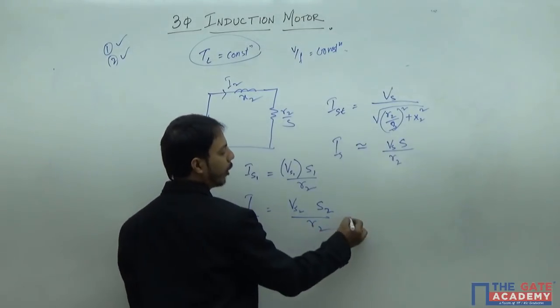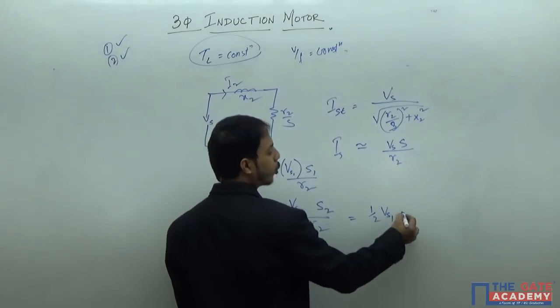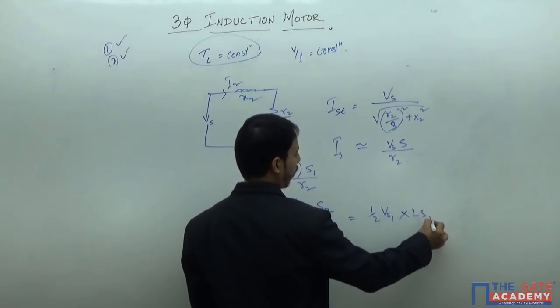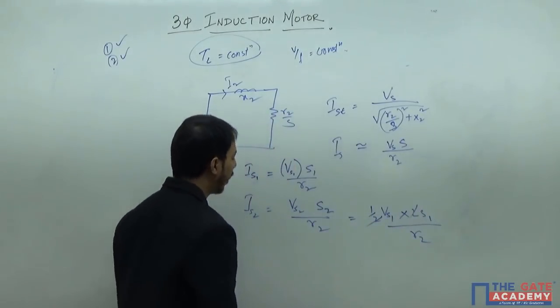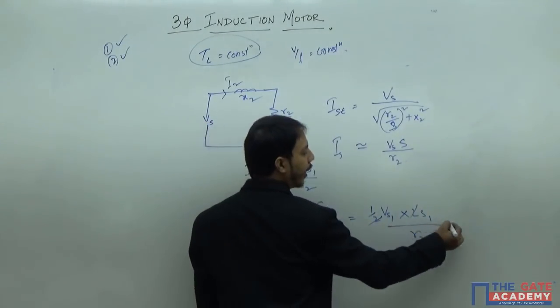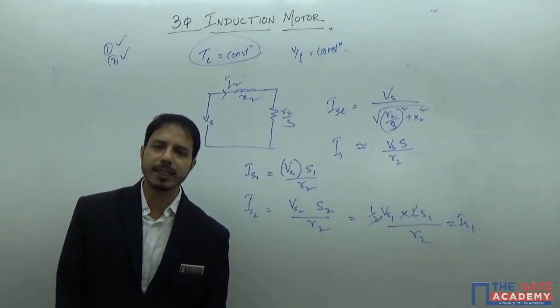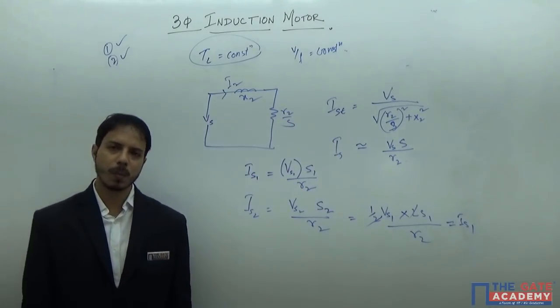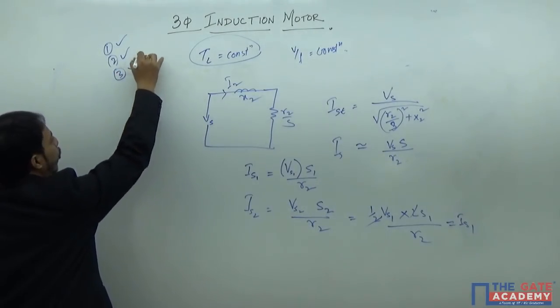Now Vs2 I know is half of Vs1, and S2 I know is twice of S1. This 2 and this 2 cancel, so ultimately IS2 is equal to IS1. That means the starting current is also the same. So the third is also true.